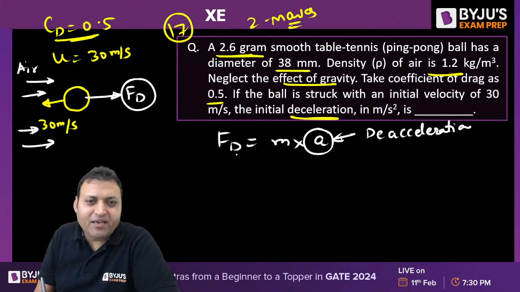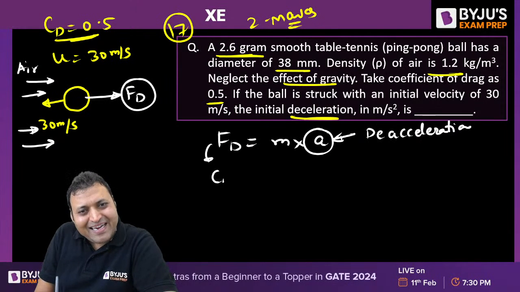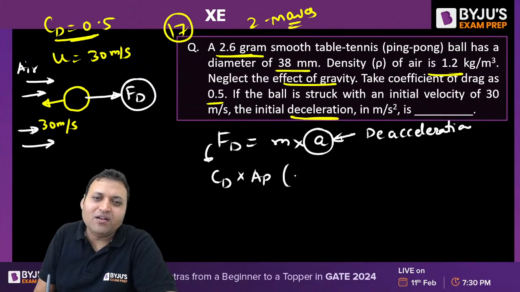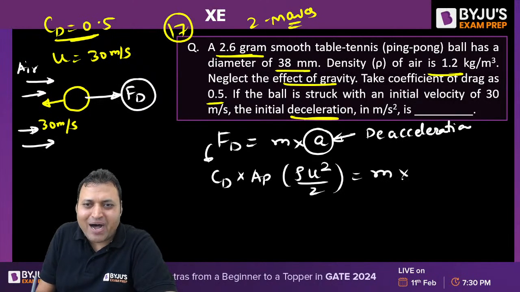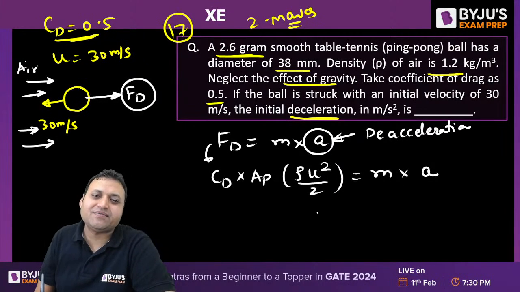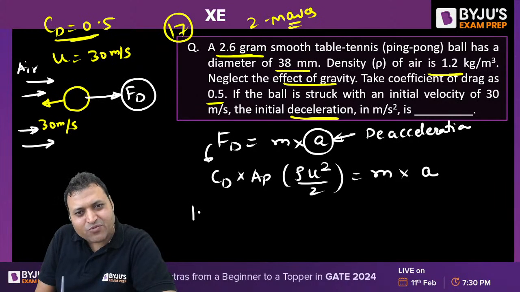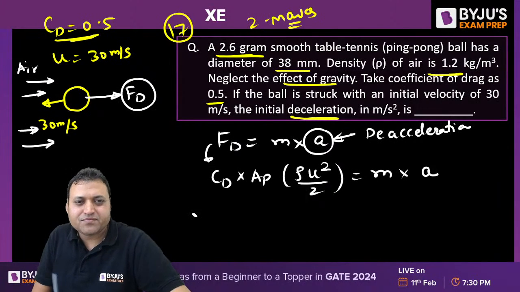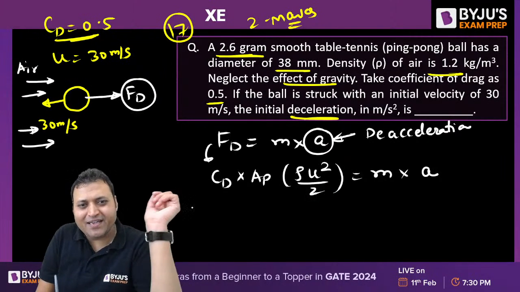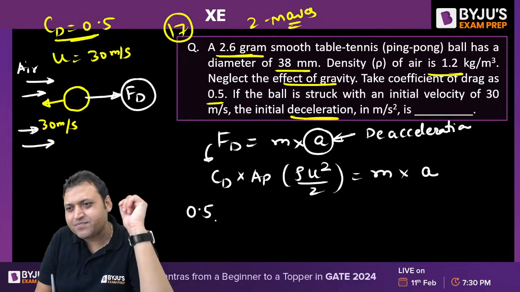So CD into projected area of the ball into rho u square by 2 is equal to mass into deceleration. The value of CD is given as 0.5.